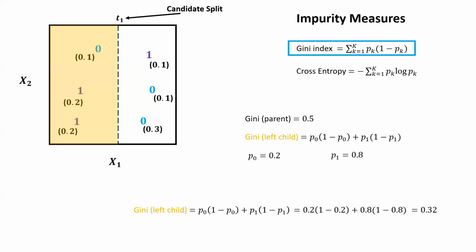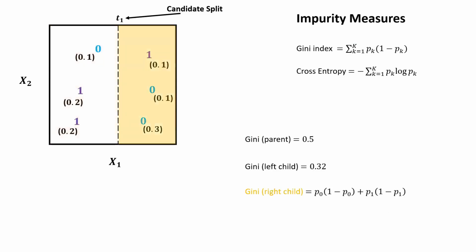We can plug those probabilities into the formula for the Gini index and get 0.32 as the Gini index of the left child. The Gini index of the right child is calculated in the same way as the left child, and we end up getting the same value of 0.32. This means that the impurity measure is the same value for the right and left children of the root node.